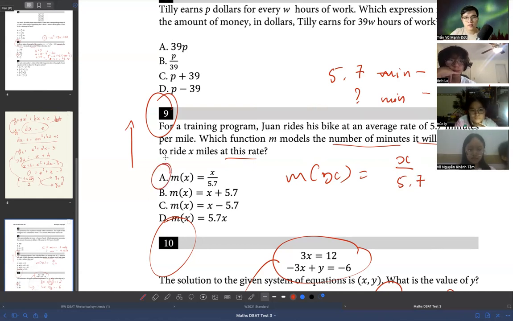So A is the correct answer, right? If you guys made a mistake on that one, let that sink in, because to be honest, you just need to summarize the prompt into 1 or 2 lines like this, and then you will be able to convert it quite accurately and quite quickly.